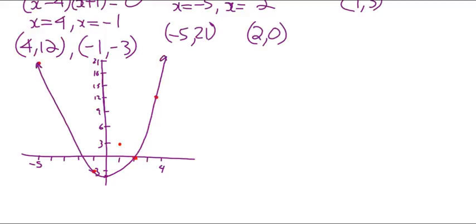Okay, so there's the x squared minus 4. Next one is y equals 3x. That's pretty easy. It goes through 1, 3, and through this one here, and it goes through 4, 12.